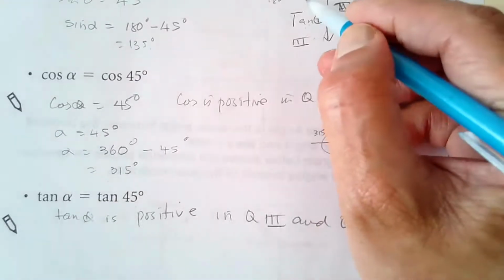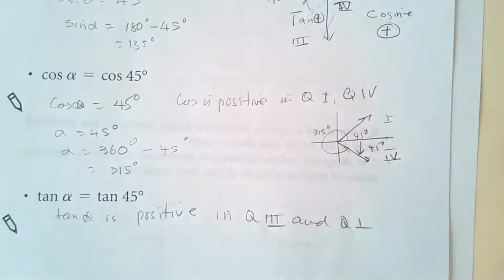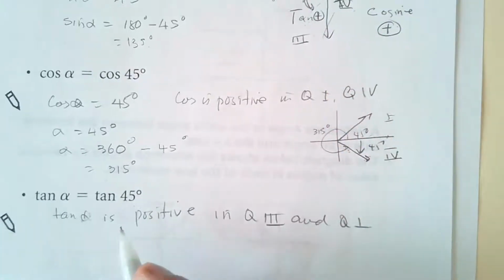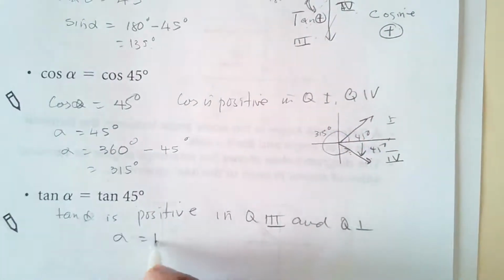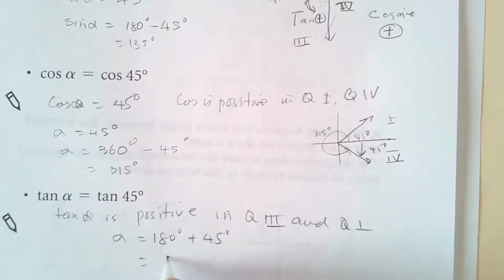So notice, this is 180 degrees, so it will be adding on. So 180 plus 45. So alpha is equal to 180 degrees plus 45 degrees, which comes up to 225 degrees.